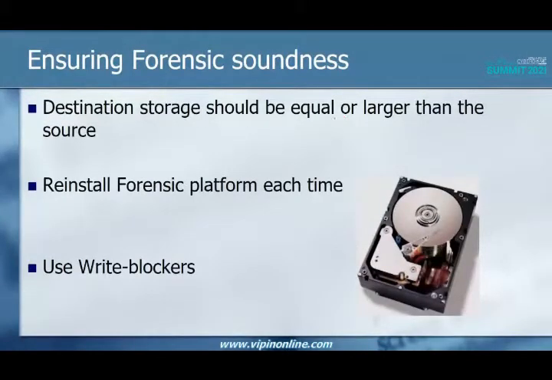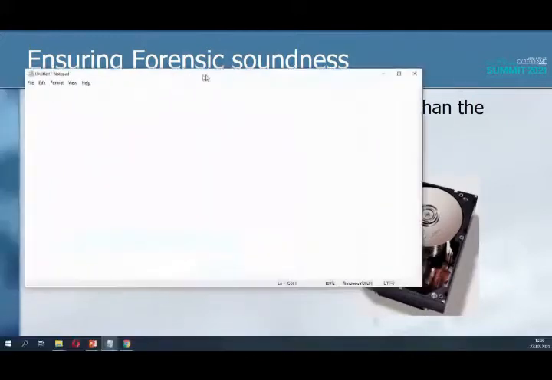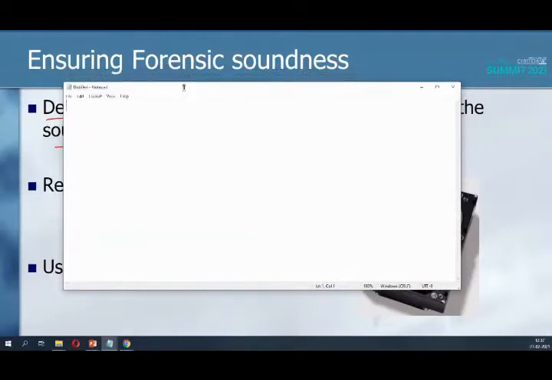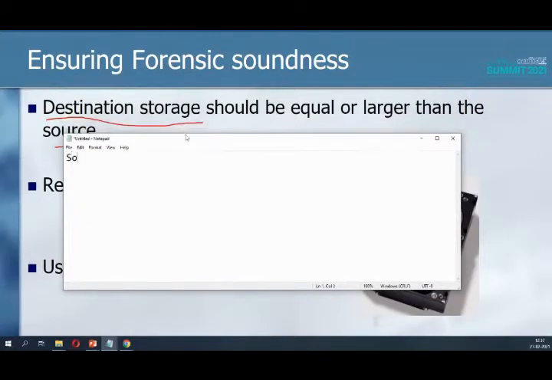For acquiring evidence, the destination storage, the hard disk that we need to use, should be greater than the source. Okay, there is one important thing. This is true only if you are cloning the hard disk. So if you are creating an image of the hard disk, we should always use media that is larger than the source hard disk.